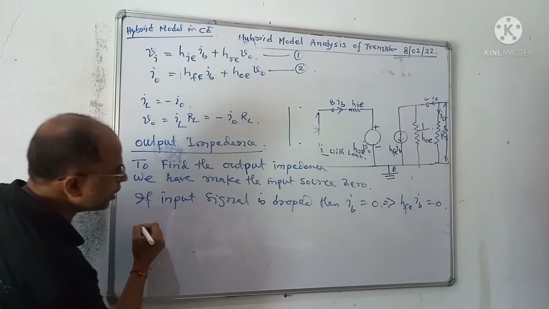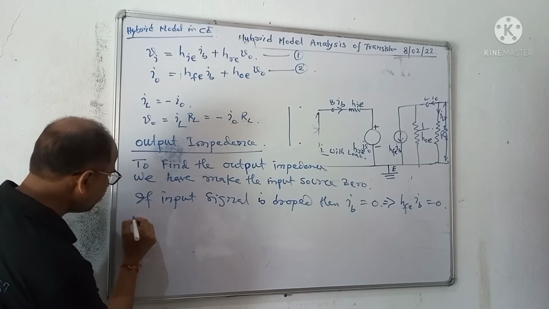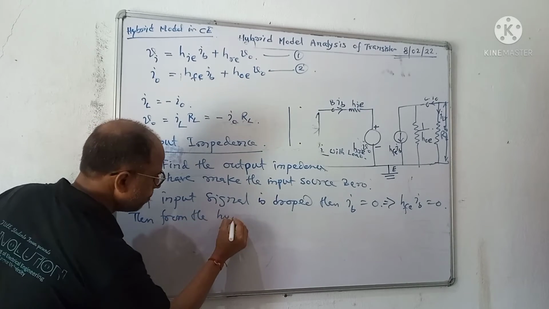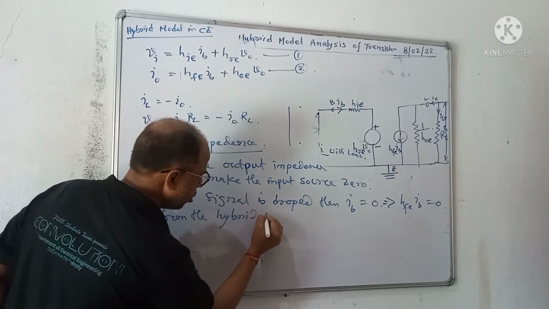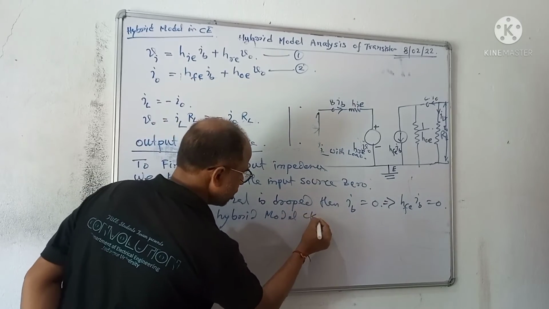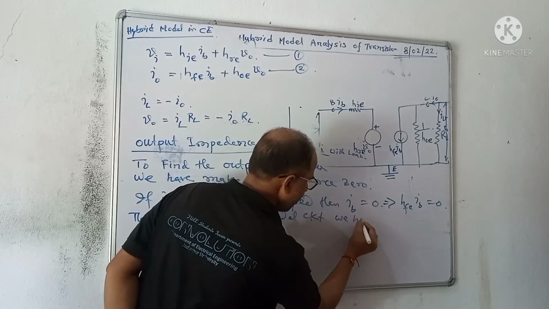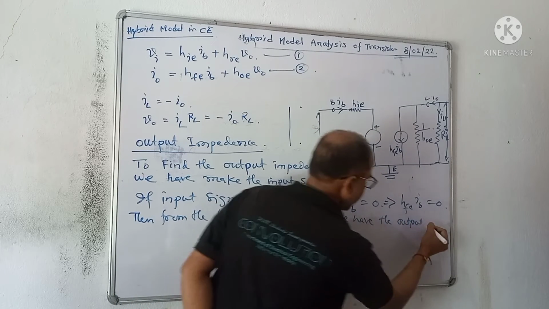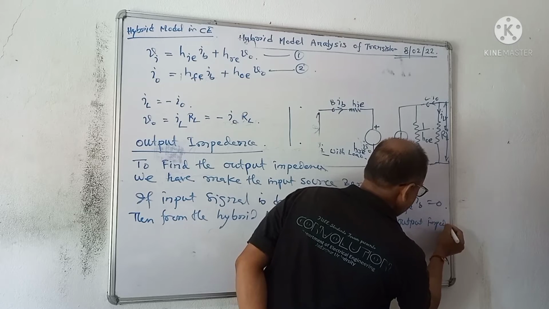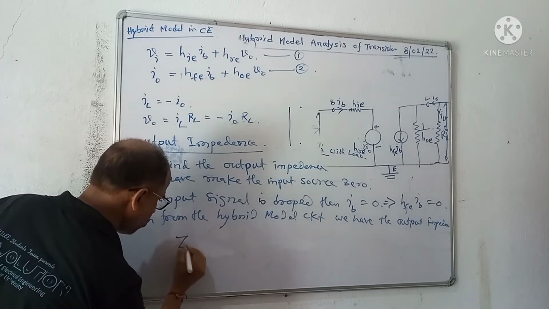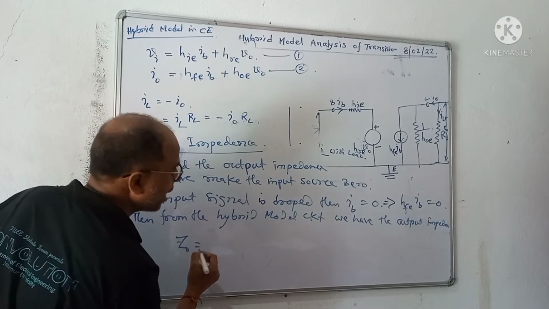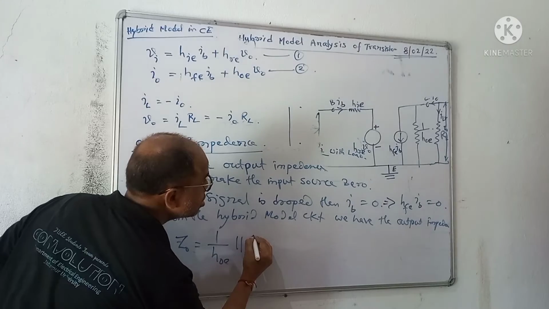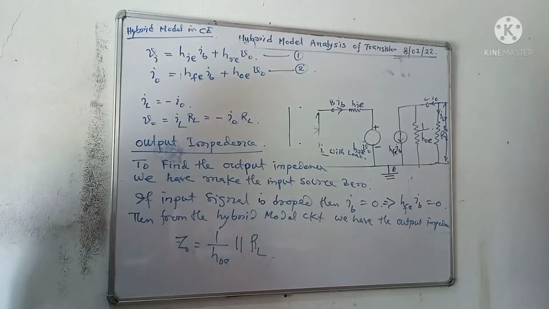Then from the hybrid model circuit, we have the output impedance ZO equal to the parallel combination of RL and 1 by HOE.